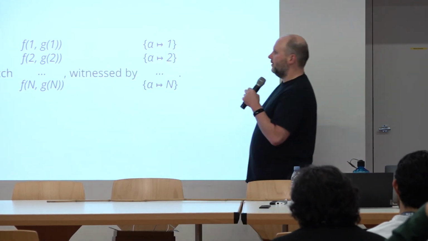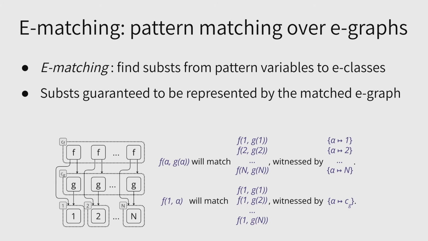In contrast, if I was just looking for f of 1 and anything, I only need one substitution, because there's only one way to have f of 1 in this e-class, and it doesn't matter what I pick for the right-hand side. It's just a variable. It's just free, basically.